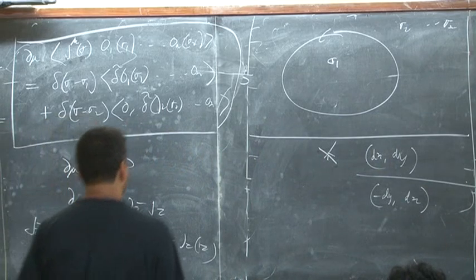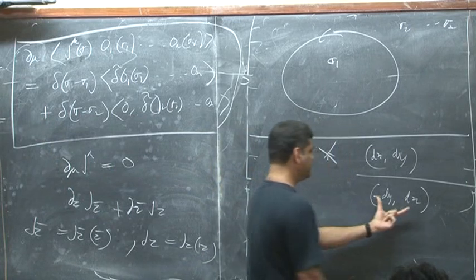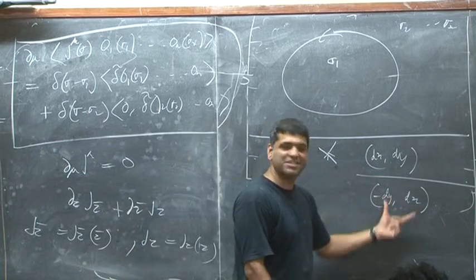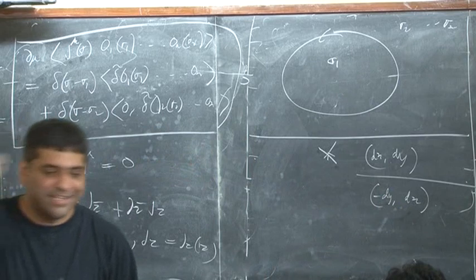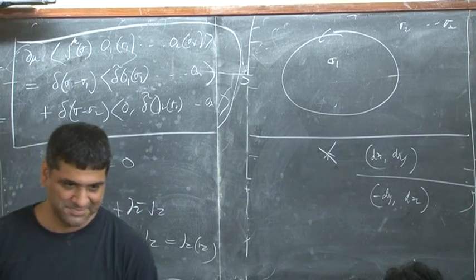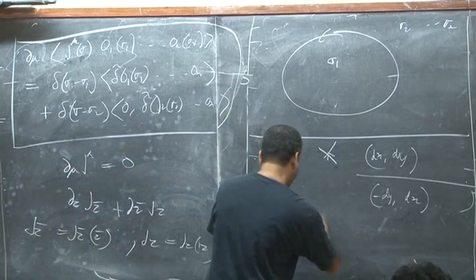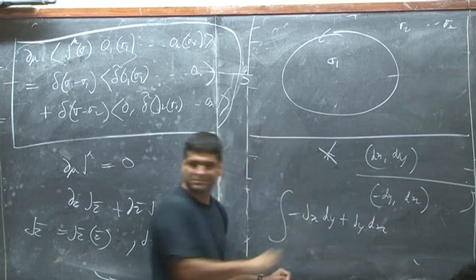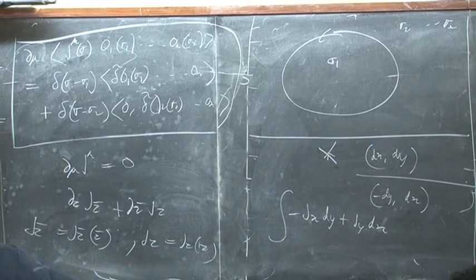Okay? Now, I will want normal times length. Okay? So if I just take this guy, which has the same length as this guy, both are dx squared plus dy squared, and dot with J, I'll be getting J dot n integrated over length. Okay? So the thing that I want to compute here is minus Jx dy plus Jy dx integrated over my surface, over my little boundary surface.